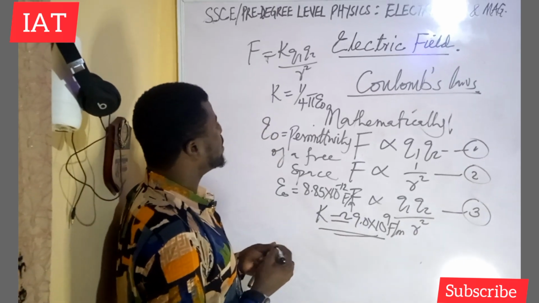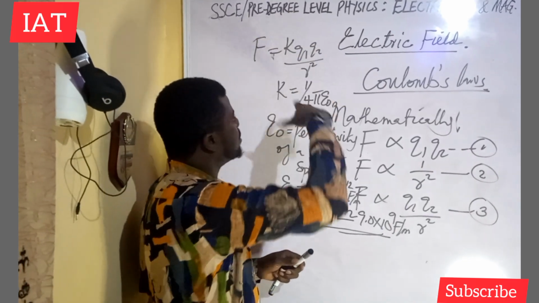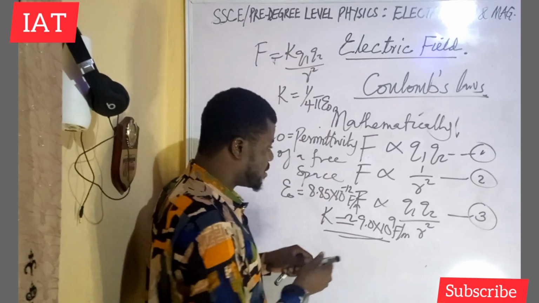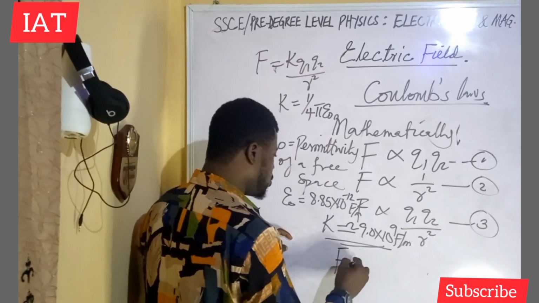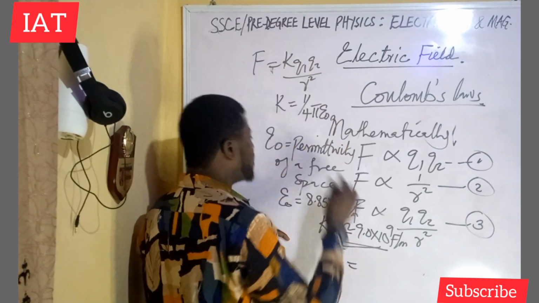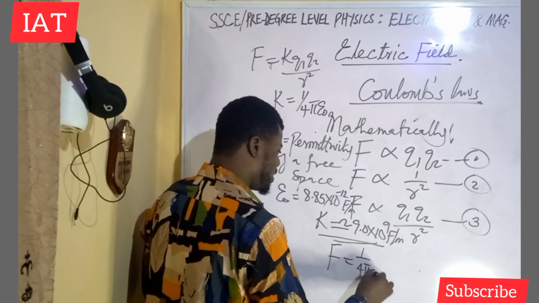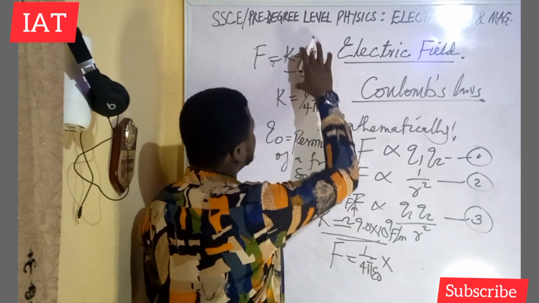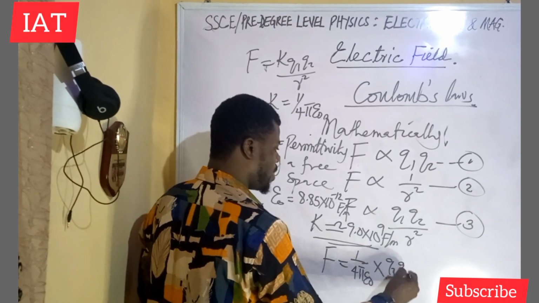So in this case, this expression can still be manipulated. We can still write F equal to, since we have k to be 1 over 4 pi epsilon naught, multiplied by Q1 Q2 over r squared.